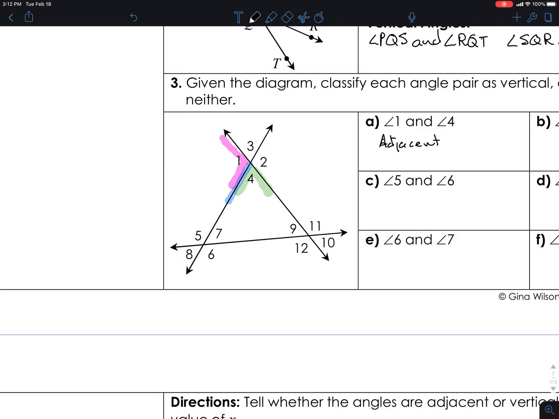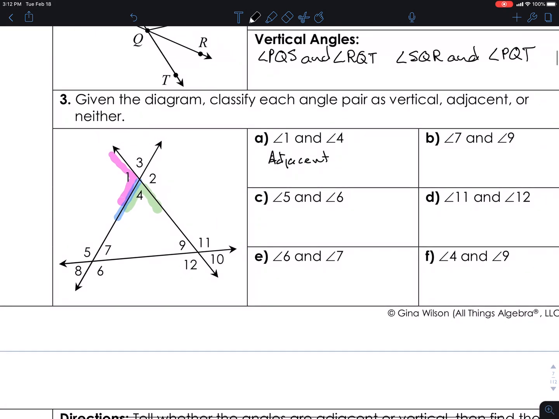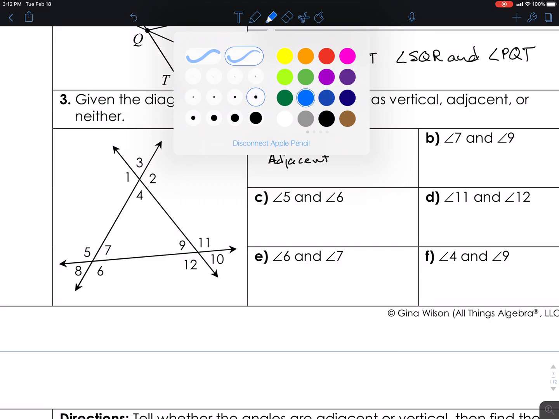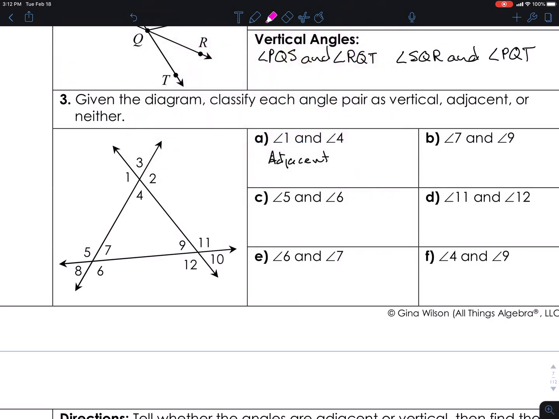Okay? I'm going to pick a different one. Let's look at B. Angle 7 and angle 9. Let me erase what I did. Here's angle 7. Here's angle 9. Those aren't even attached. They're not next to each other. They're not opposite each other.